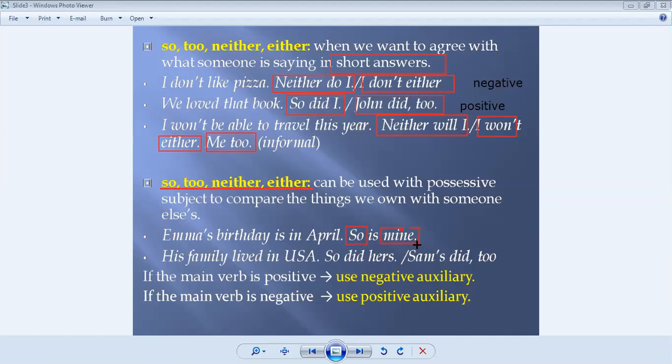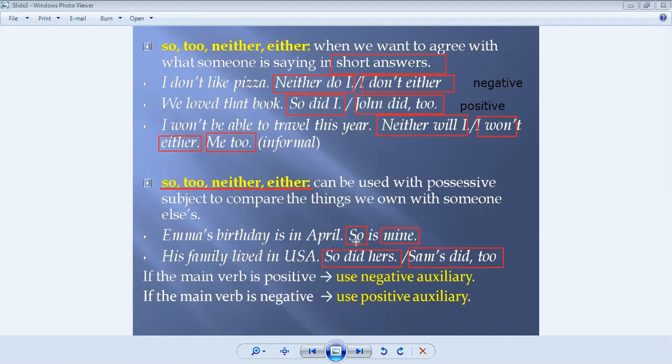Here, his family lived in the USA. "So did hers." Because they are positive, that's why you're going to use so. Or "Sam's did too," because you see that possessive apostrophe s is here.